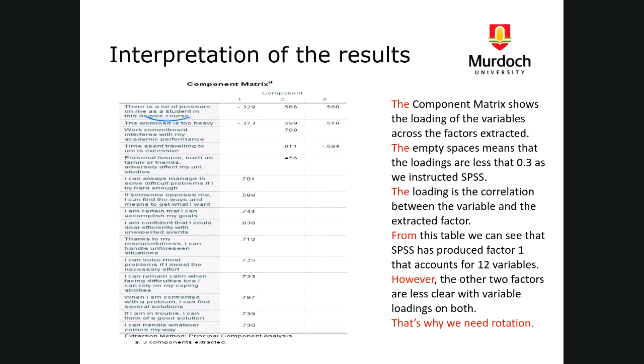You can see that this first variable is loaded on the first factor by -0.392, on the second factor by 0.566, and on the third factor by 0.568. The workload, second one as well, is loaded on the first, the second, and the third. Here, you have empty. Does this mean that this one does not load on any others? Not necessarily.